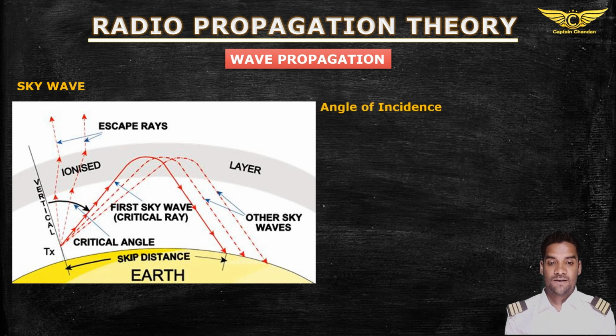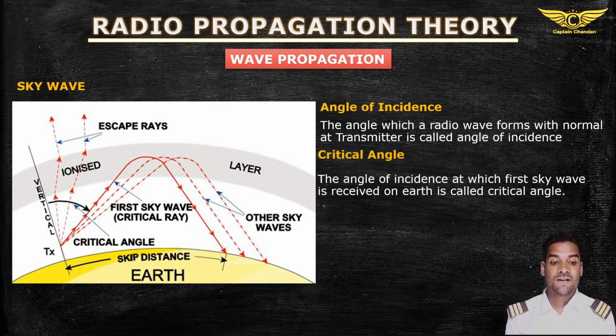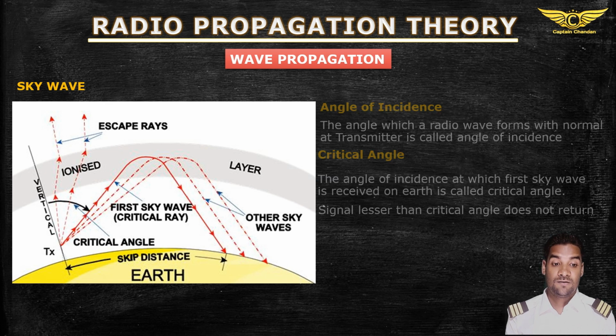First, angle of incidence. The angle which a radio wave forms with the normal at the transmitter is called the angle of incidence. Critical angle. The angle of incidence at which the first sky wave is received on the earth is called the critical angle. A signal at less than the critical angle does not return.